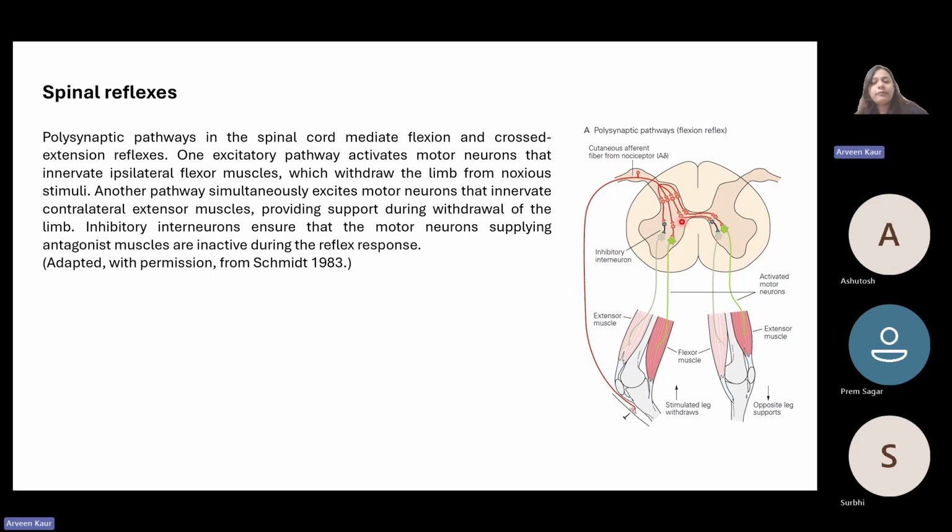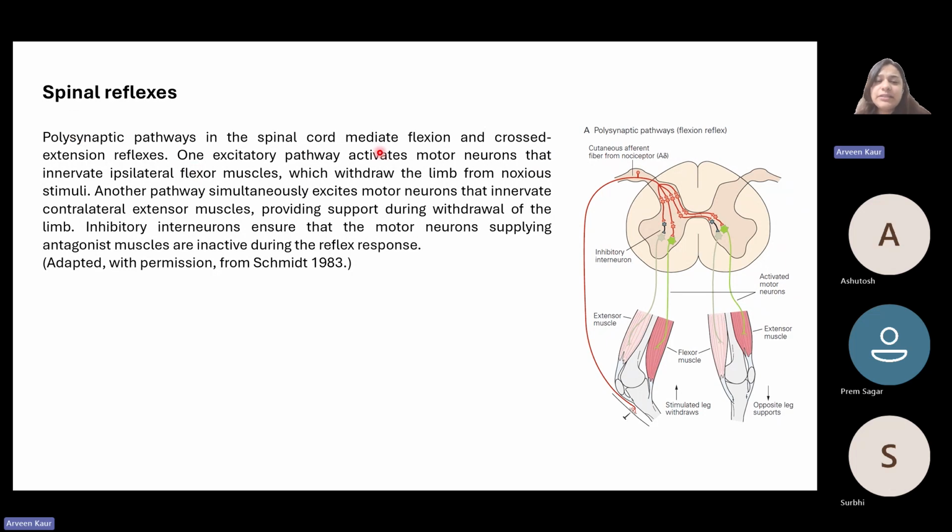So the challenge over here is that it needs to flex this knee, but it also needs the other leg to remain stable so that it can hold your weight, so that you don't tumble altogether, right? So that is how it does this, through a combination of neurons over here. There are activated motor neurons in both the legs for that to happen effectively.